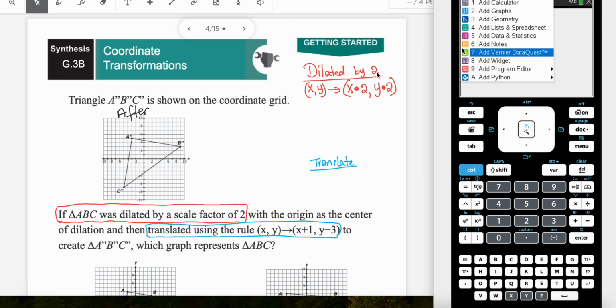So if you have the point X, comma, Y, when you translate, it becomes the X number, whatever the X is right here, you add 1 to it, comma, Y, whatever the Y is, you minus 3. All right.